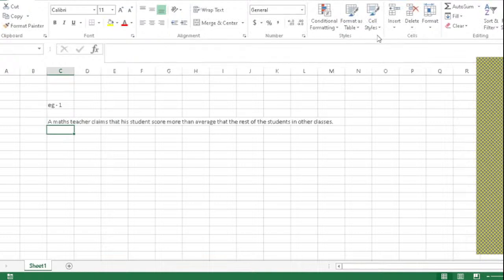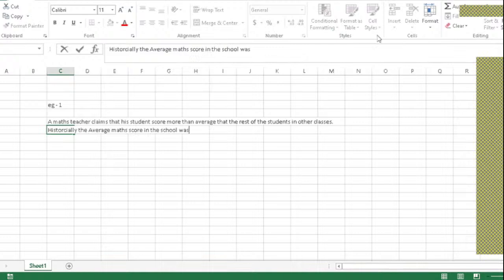Historically, the average maths score in the school was 75%. Construct the null and alternate hypothesis.